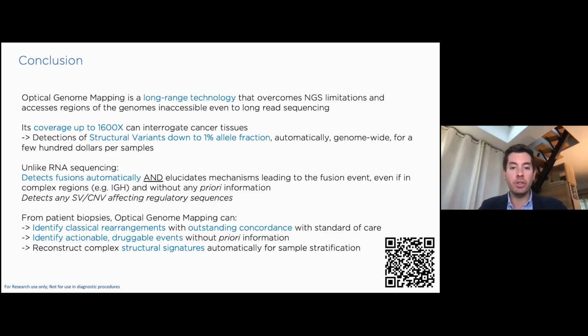Contrary to RNA sequencing, it can detect fusions automatically and provide additional information on the mechanisms leading to these fusion events. The different evaluation studies showed the potential to identify classical rearrangements, identify actionable and druggable events that would be missed by conventional workflows, and also reconstruct complex structural signatures automatically, without a complex bioinformatic pipeline to run.